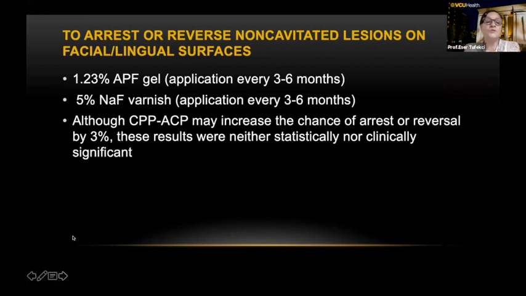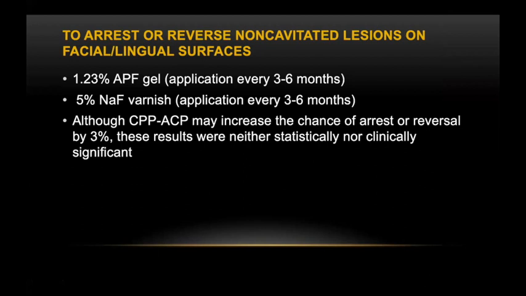They concluded that although CPP-ACP may increase the chance of arrest or reversal by 3%, the results were not statistically or clinically significant. So I think, once again, CPP has some potential, and obviously it had a 3% effect, but that wasn't clinically or statistically significant.